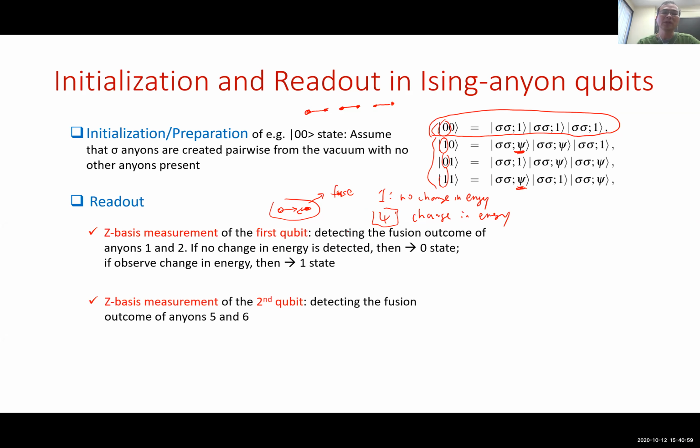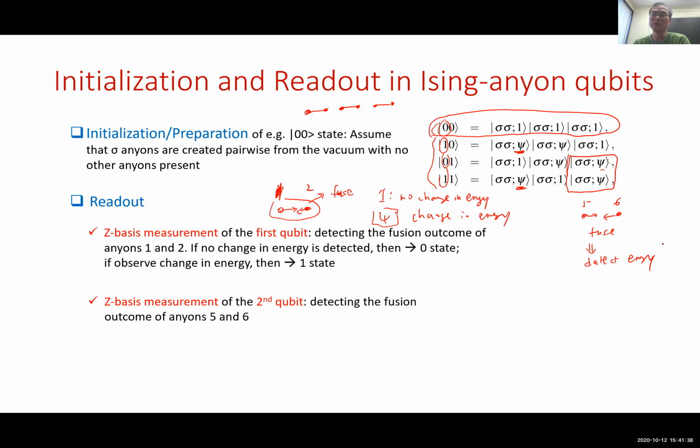So you could also do this on the second qubit, and remember that I mentioned that the second qubit, really the last pair fused to the side that can distinguish. So what you do, you would bring the 5 and 6 anyon together, and then let them fuse, and then you can detect energy. As to how you detect energy, that would be physical system dependent.